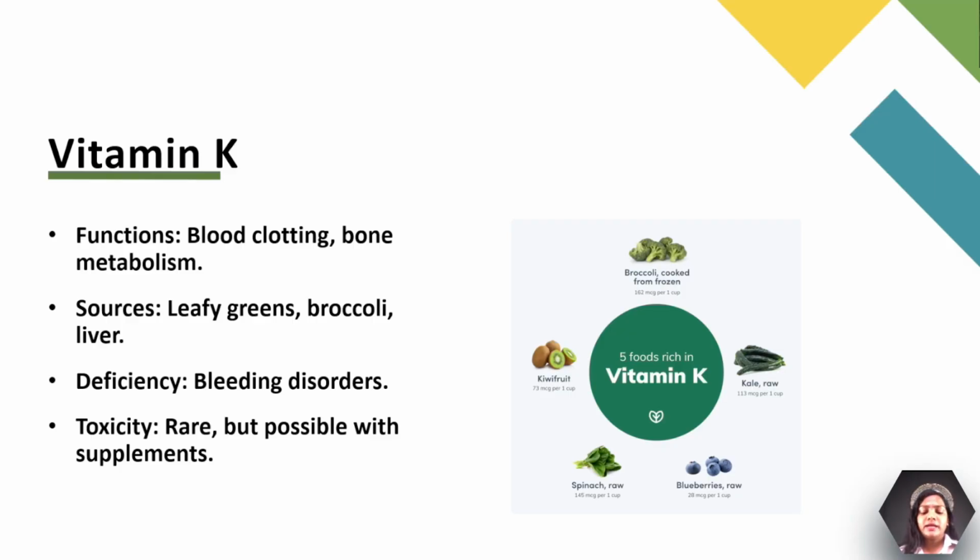It helps in the removal of old calcium from the bone and adds new calcium, helping in the rebuilding of the bone. Sources are mostly leafy green vegetables, broccoli, liver, kiwi and blueberries.